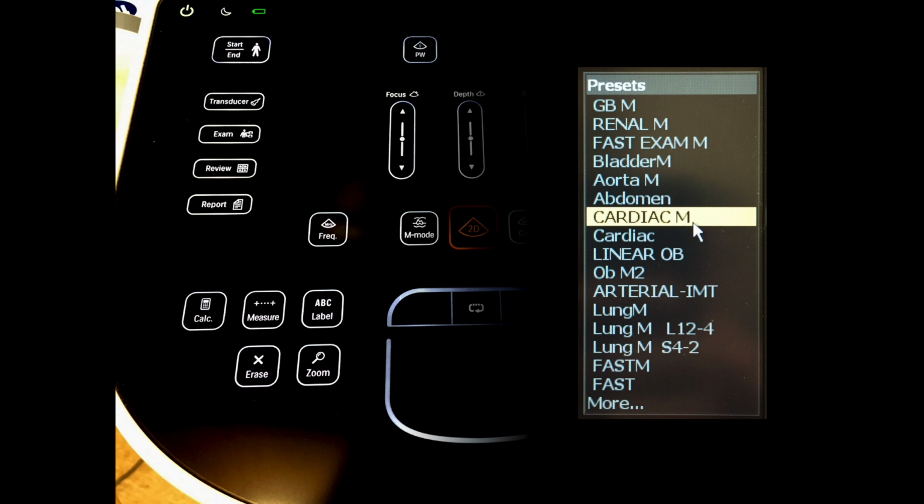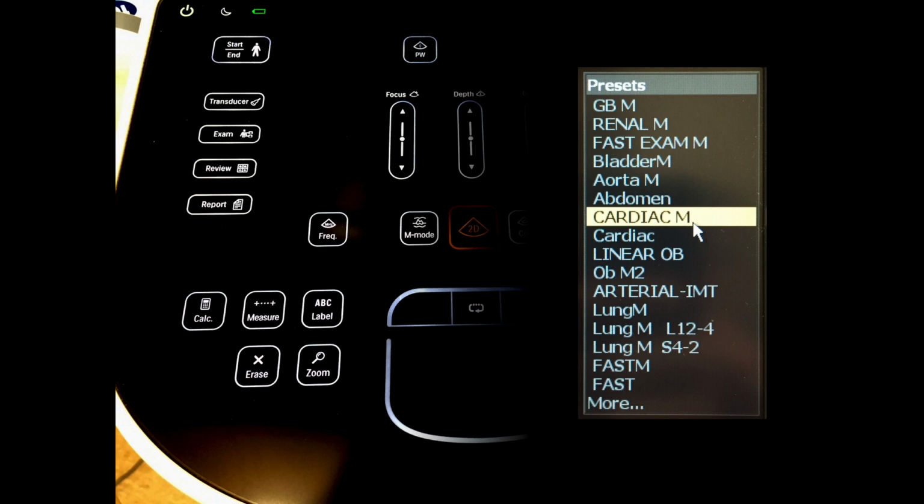We've got a couple of different cardiac presets on our machines, and I imagine the machines that you use will have a cardiac preset. What it does is take all the different machine settings that help you optimize the cardiac ultrasound and set those for you, much like the seat preset in your car. You hit the number 1 button and your seat goes where you want it, your mirrors, the height, the distance, all those things. It will set that up for you in the proper context when you're doing a cardiac ultrasound.